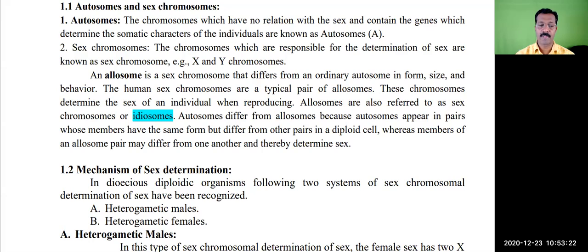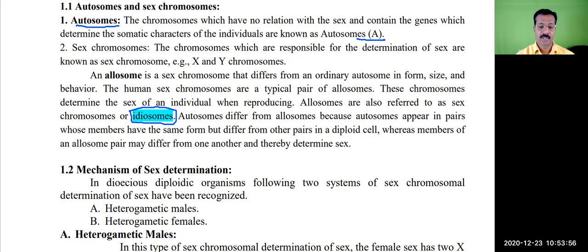So try to remember this idiosomes. It is the synonym for the allosomes or for the sex chromosomes. And the autosomes are also called body chromosomes because they define the body characters. It is denoted by the letter A.